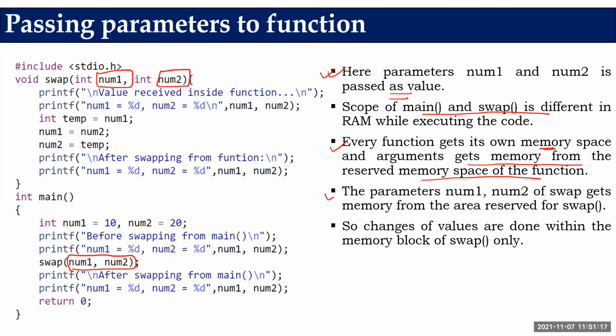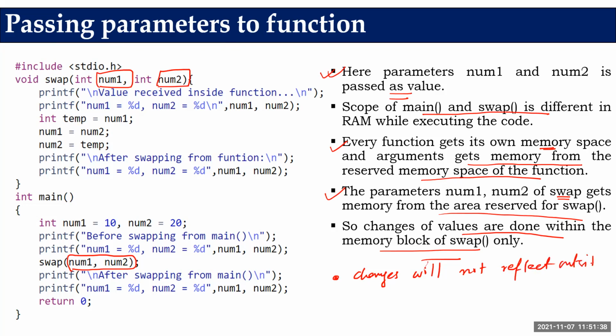The parameters num1 and num2 of swap get memory from the area reserved for swap. So changes of values are done within the memory block of swap only. That's why changes will not be reflected outside of swap.